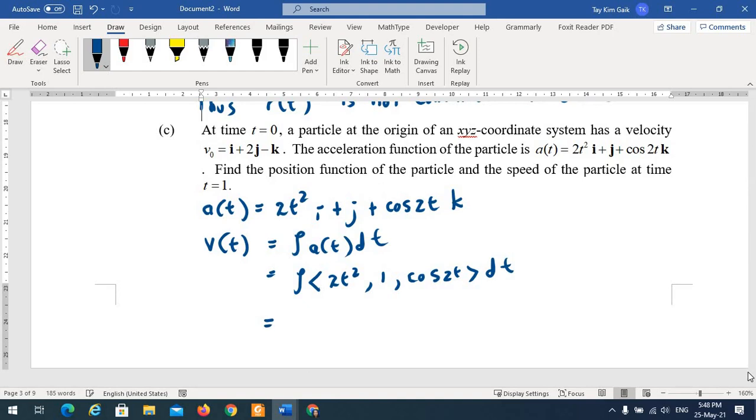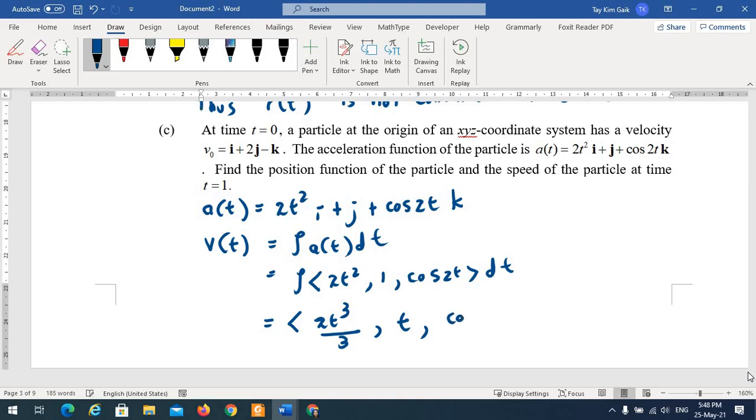Integration of a vector still gives a vector, and the integral constant is a vector too. Integrate 2t squared, we have 2t cubed divided by 3 for component i. Integrate 1 with respect to t, we have t, component j.